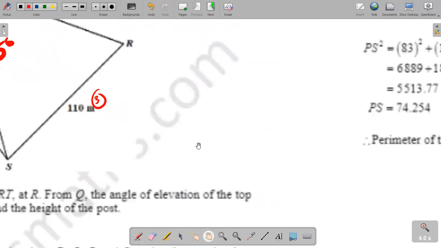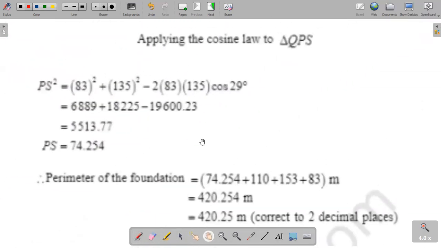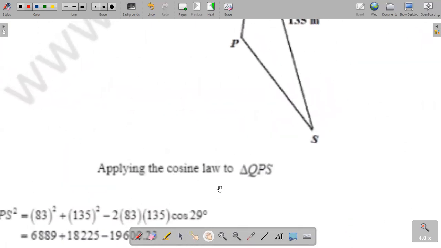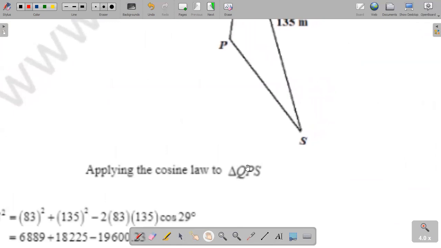So I'm just going to go here where they have the formula. The first thing you always start off with in applying is to apply the cosine law. So I want everybody to tell me if they understand why we use the cosine law. Yes or no?